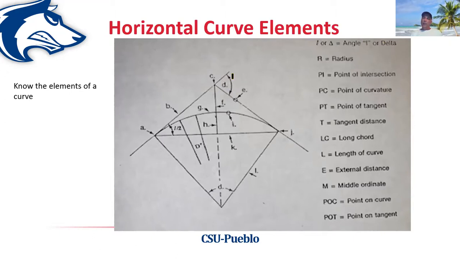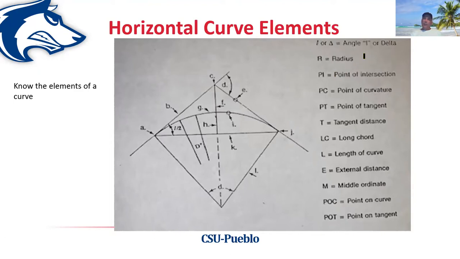The deflection angle in a simple curve is also equal to this right here, which is the distance, or the angular measurement, between the point where the curve begins on one tangent and ends on the other tangent. So these two angular measurements are exactly the same, and that's defined as the delta angle, delta, deflection, or central angle right here. Also, the I actually comes from the term intersection angle.